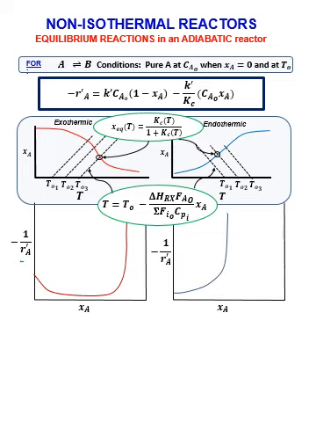If I have an endothermic reversible reaction, I do not observe this maximum, this initial increase in the rate, because as I increase conversion, there's only going to be a decrease in the temperature, so my concentration of the reactant decreases, my rate constant decreases because I have a decrease in temperature, and I will just see a decrease in the rate going to that asymptotic value where I reach my equilibrium conversion and the rate goes to 0.